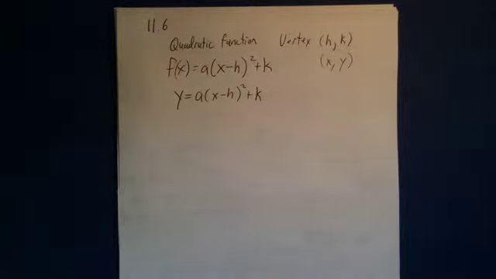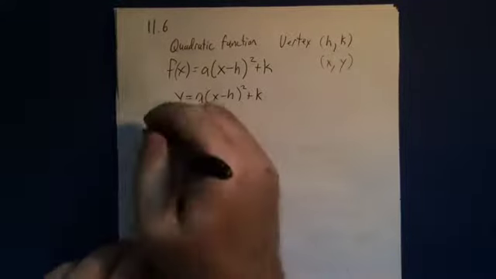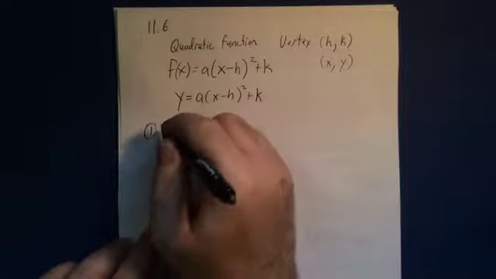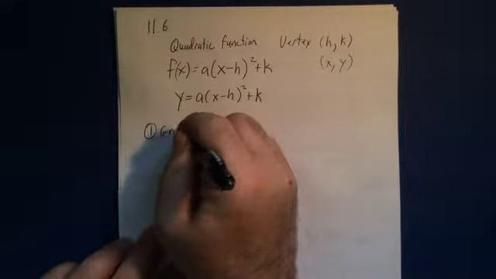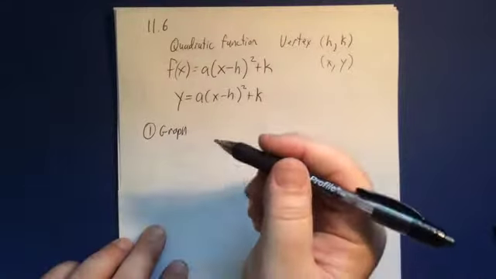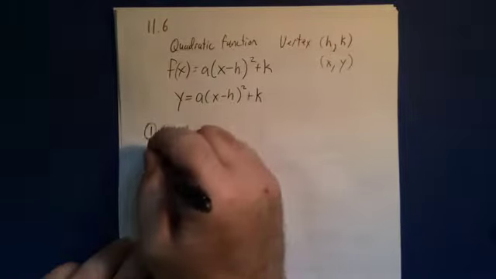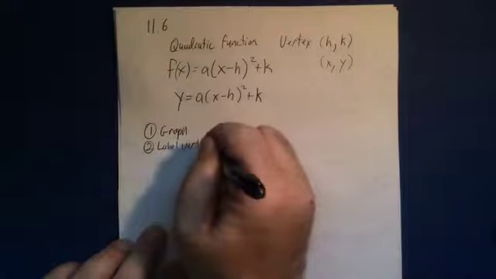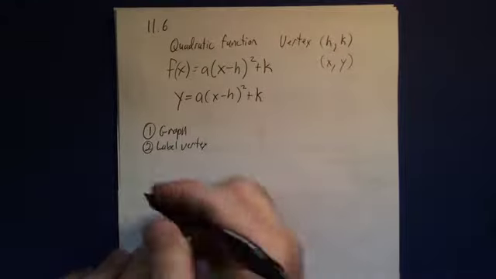So we're going to go ahead and take a look at problems. In the next few questions, we're going to be asked to graph, to label the vertex, and to draw the axis of symmetry.